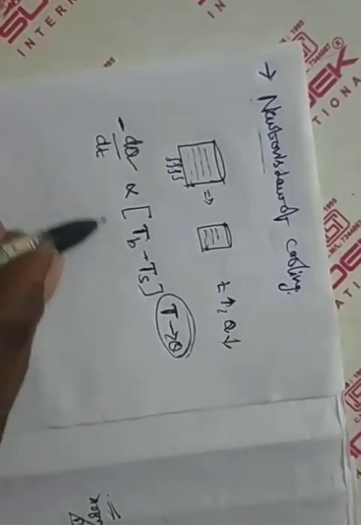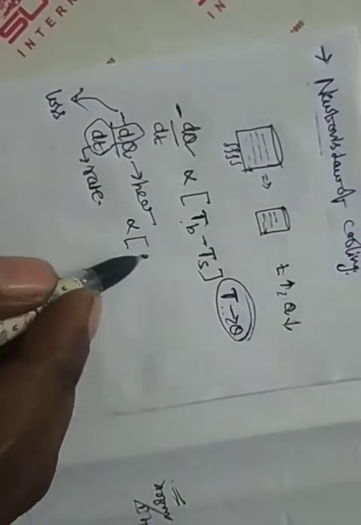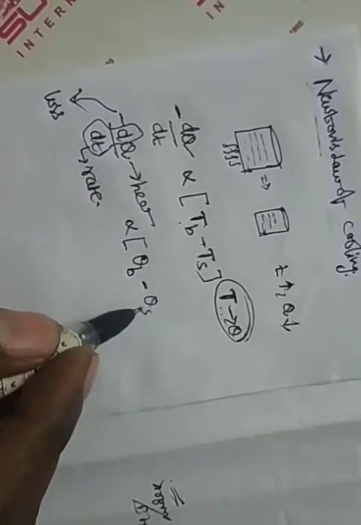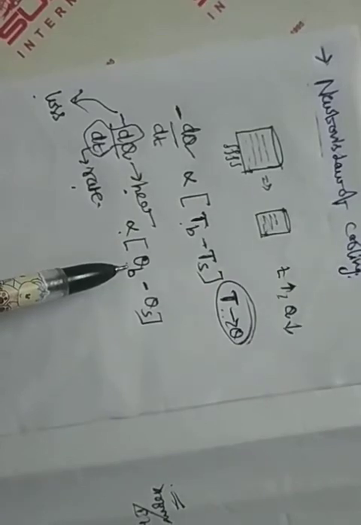Replace this T with theta. So this rate of loss of heat, dQ by dt, is called rate. This minus is called loss. This Q is called heat. The rate of loss of heat is proportional to the temperature difference between the body and the surroundings.